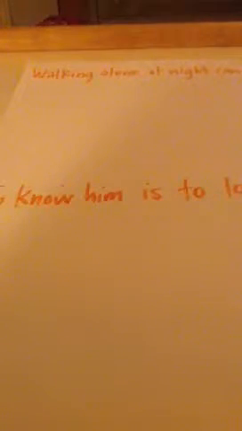And the next one would be a sentence with a gerund phrase. And a gerund is any time you have an ing form of a verb acting as a noun. And a gerund phrase is a gerund and everything that modifies it. So in this particular sentence, walking alone at night is going to be my gerund phrase.